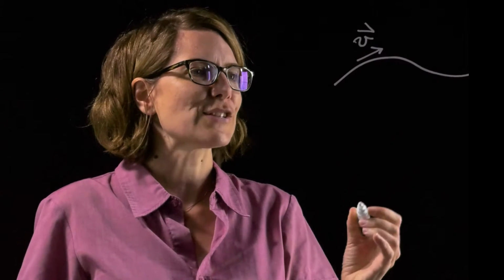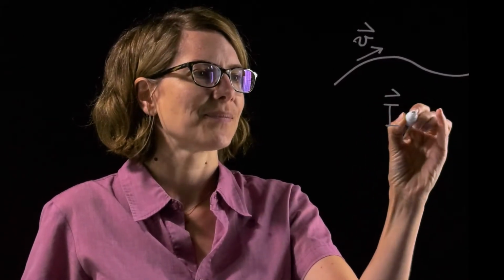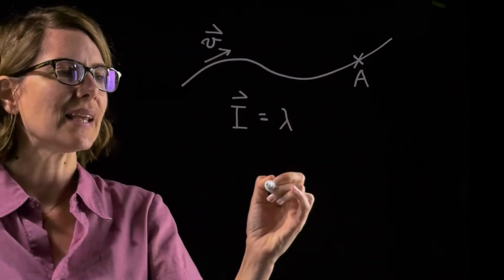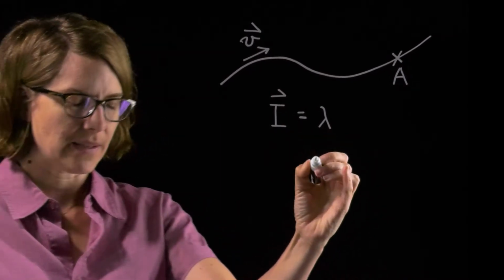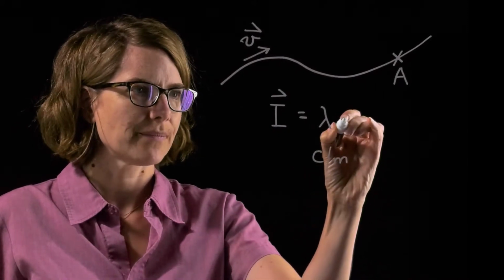Because velocity is a vector. And so our current is a vector. The constant of proportionality is lambda, which is the linear charge density in coulombs per meter.